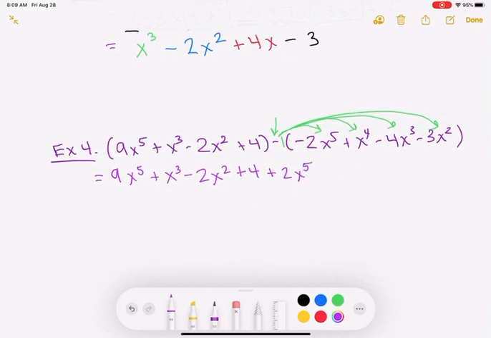Now that negative times the x to the 4th, that's going to make it a negative x to the 4th. It's just changing the sign for each piece. Negative times negative for the next one, I get a positive. And then finally, another positive 3x squared.